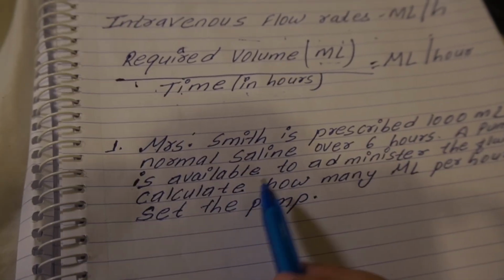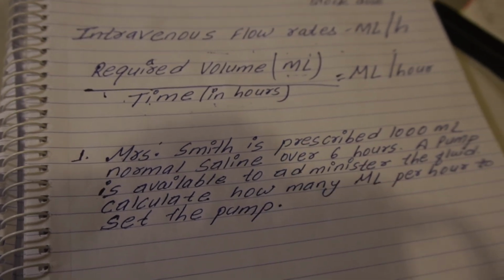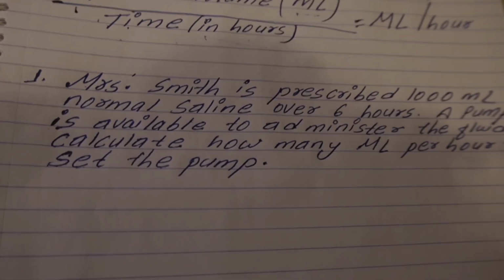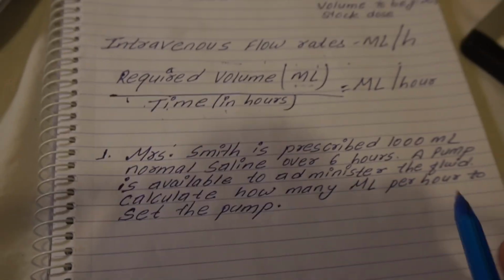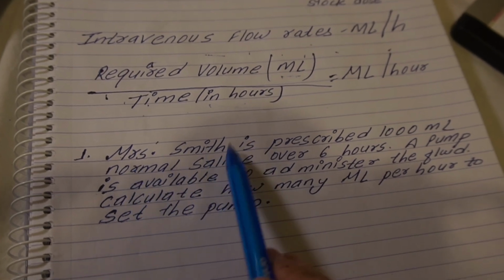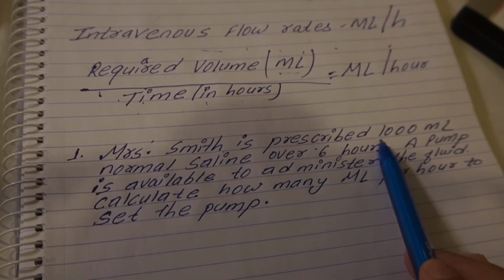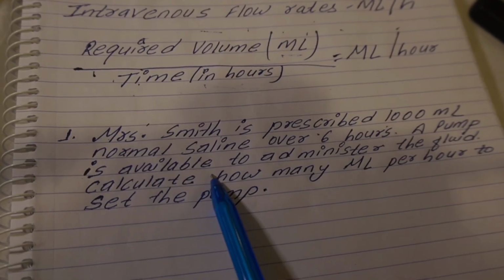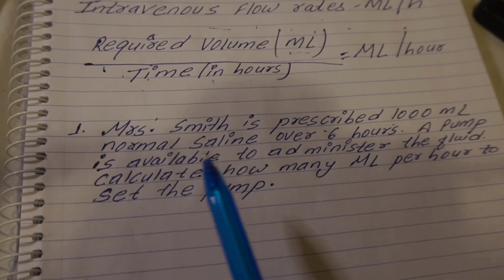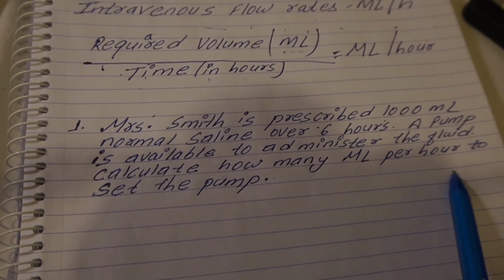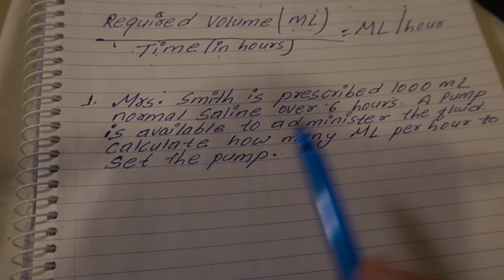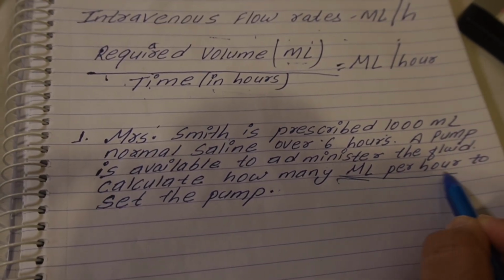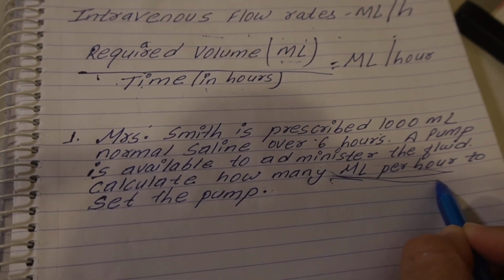I have one question here, because the board is not so good, so I prefer this paper. Mr. Smith is prescribed 1000 ml normal saline over 6 hours. A pump is available to administer the fluid. Calculate how many ml per hour to set the pump. So we are looking for ml per hour.